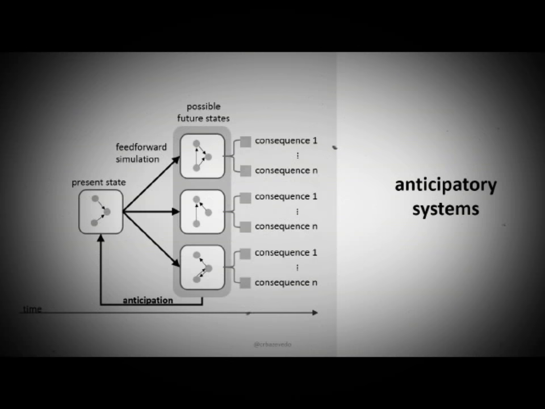The minimum requirement for an anticipatory system is that it possess an internal predictive model of its own behavior, and hopefully a predictive model of its environment as well. And it also has this ability of performing what-if simulations, so you can assess the possible consequences that may happen by taking each and every decision and action that's available to you in the present.